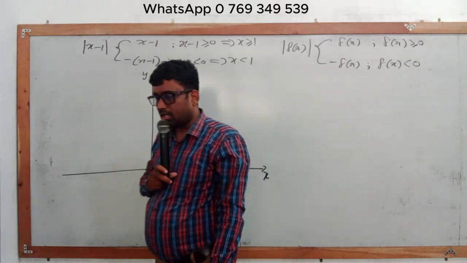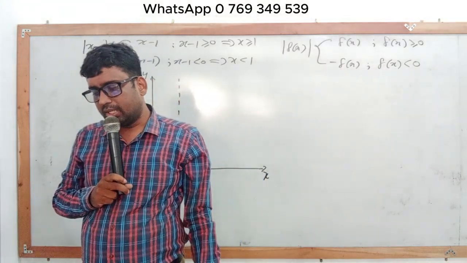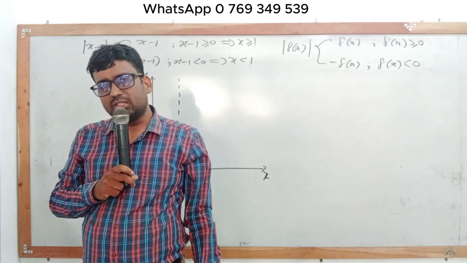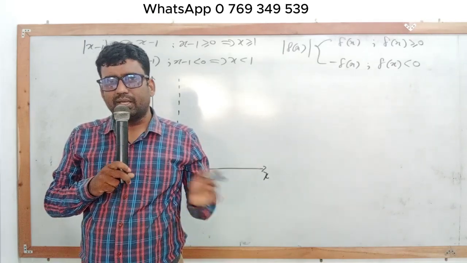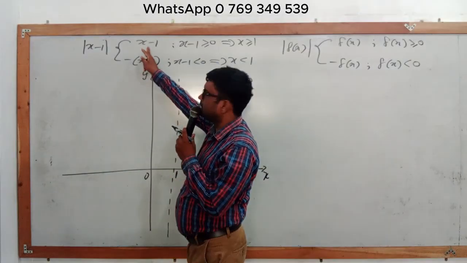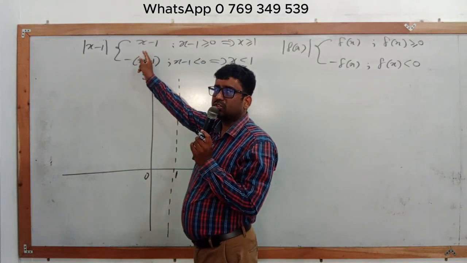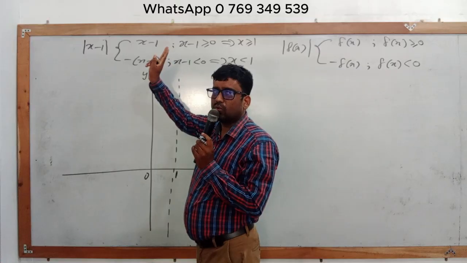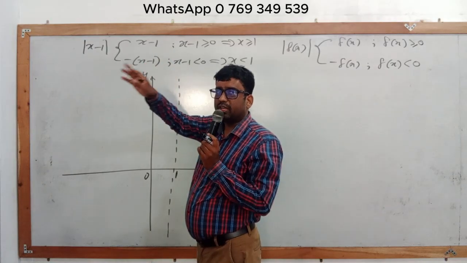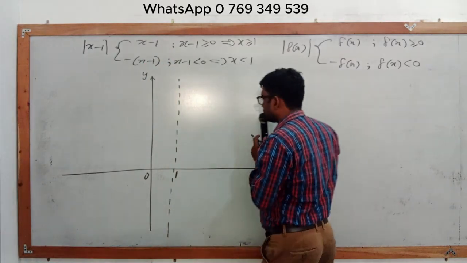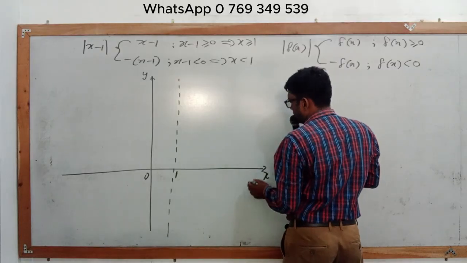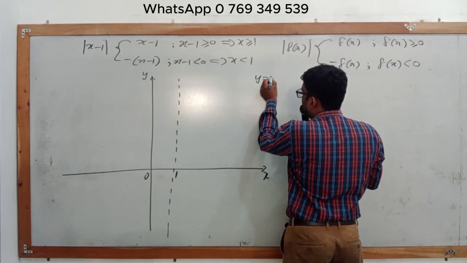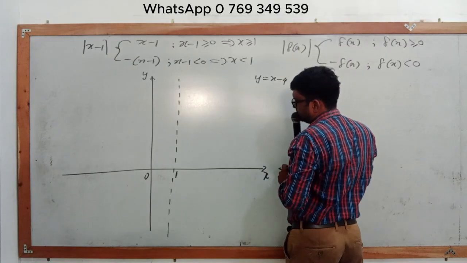First we have modulus x minus 1 minus 3. For the positive side, we are using x minus 1. Right? x minus 1 minus 3 is x minus 4. y equals x minus 4 is the graph for here.